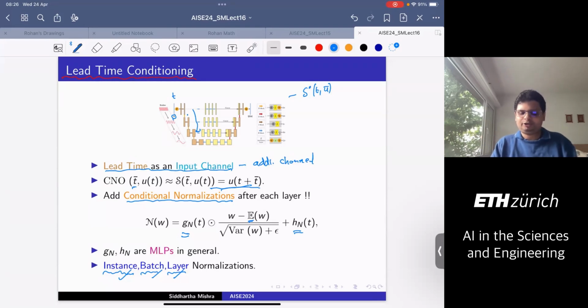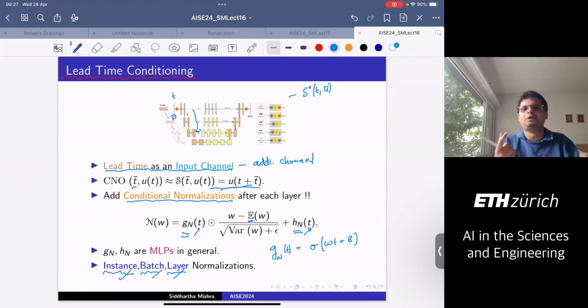Now in time conditioning, what we do is that we directly target this particular normalization, and we simply say that you feed in the time here, and you make these learnable things MLPs. So in other words, this Gn of t could be, for instance, sigma of some W of t plus b, something like this. So you have some weight factor.